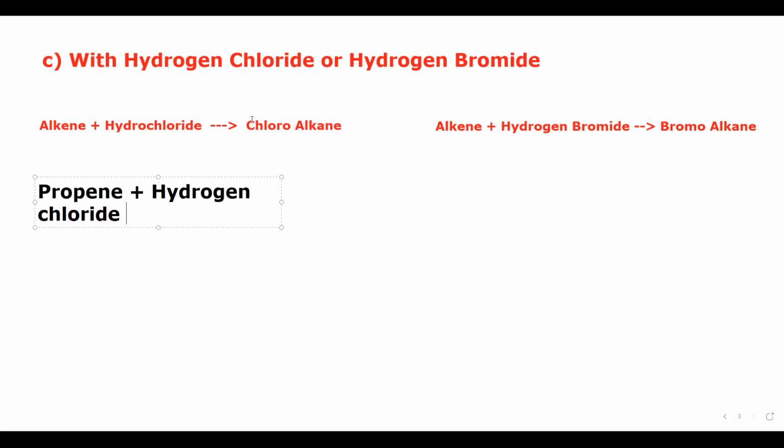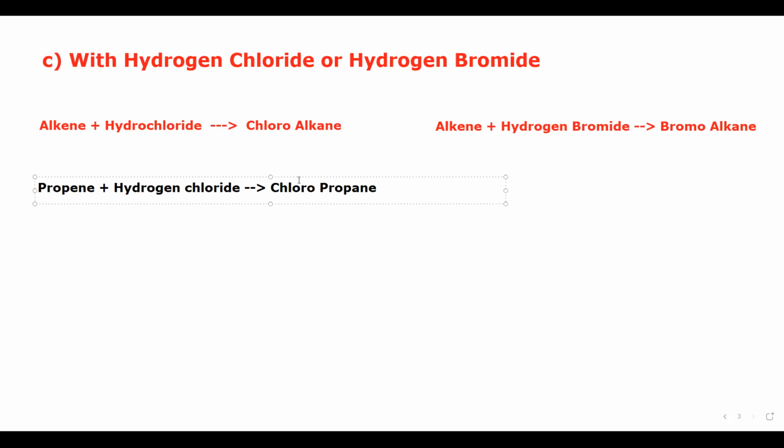So propene reacted with hydrogen chloride. What will be the product? The product will be chloropropane, meaning chlorine is attached to propane. So alkene always converts into alkane during our addition reaction, as you can see.